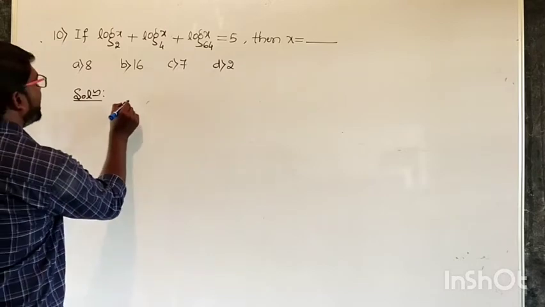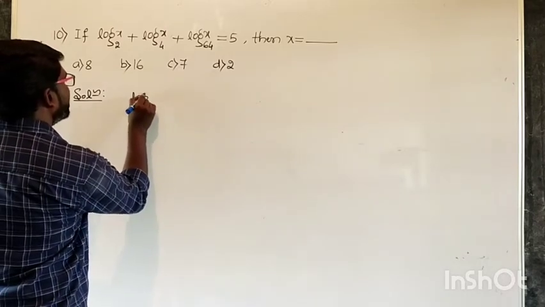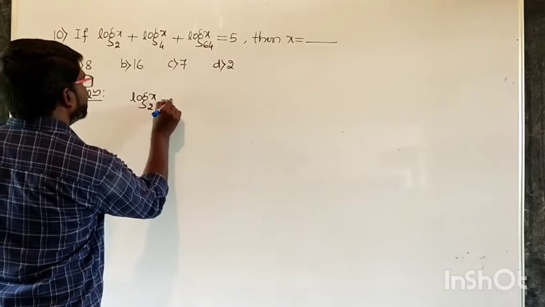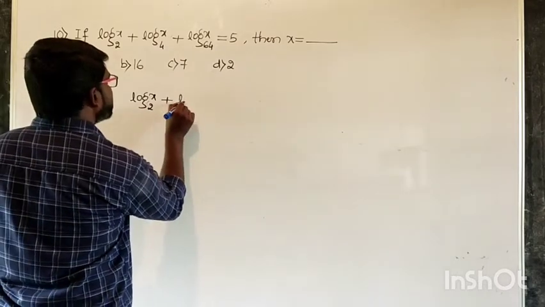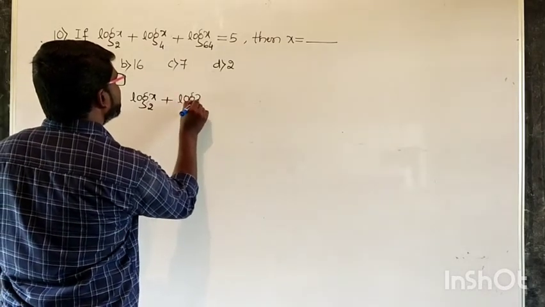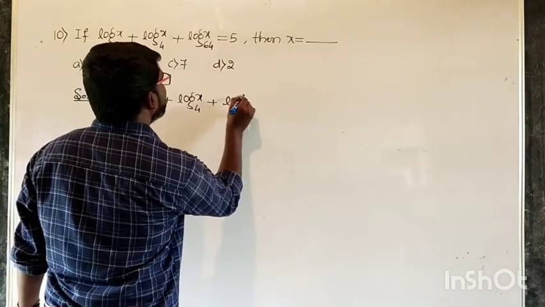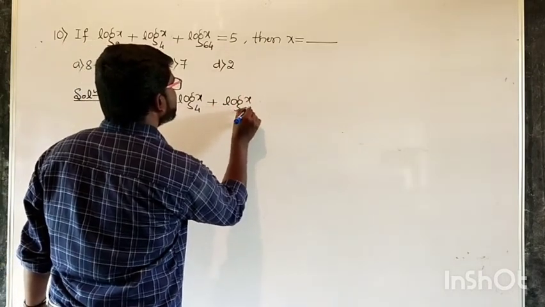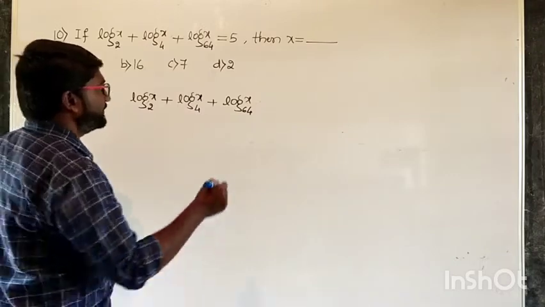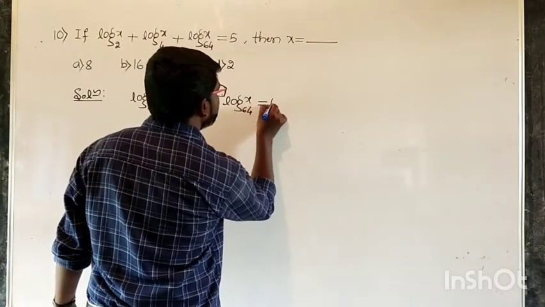It is given log x to the base 2 plus log x to the base 4 plus log x to the base 64 which is equal to 5.